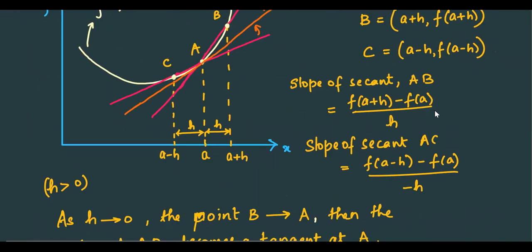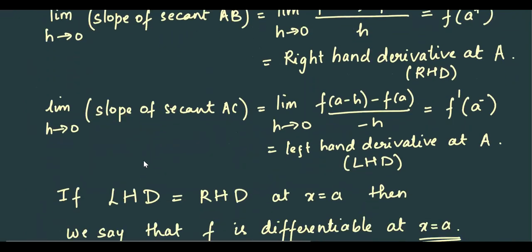f of a plus h minus f of a by h, f of a minus h minus f of a by minus h, as limit h tends to 0.